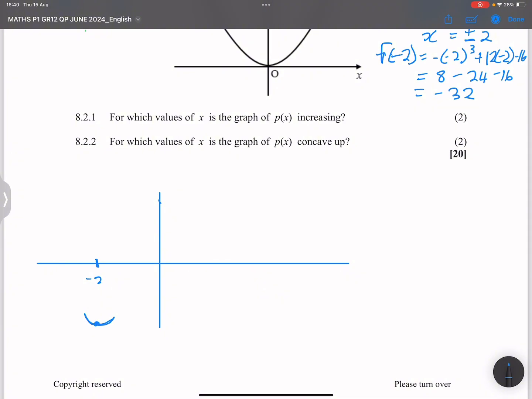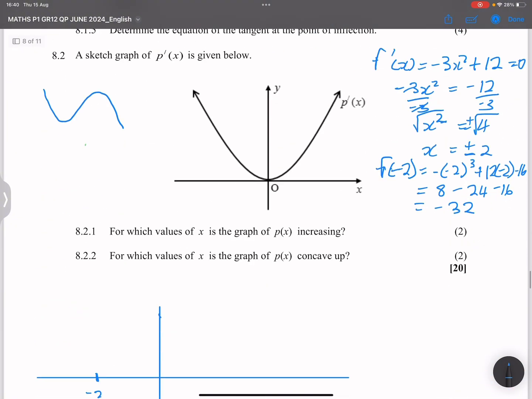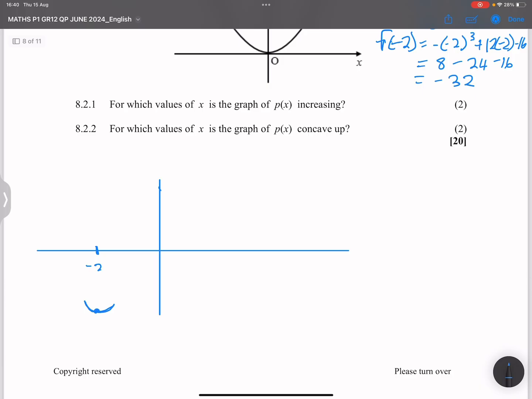And my y-intercept is at -16. And I know that my other turning point will be 2 and 0. Okay, so I know my graph is really not going to be the best, but you'll get the point nonetheless.